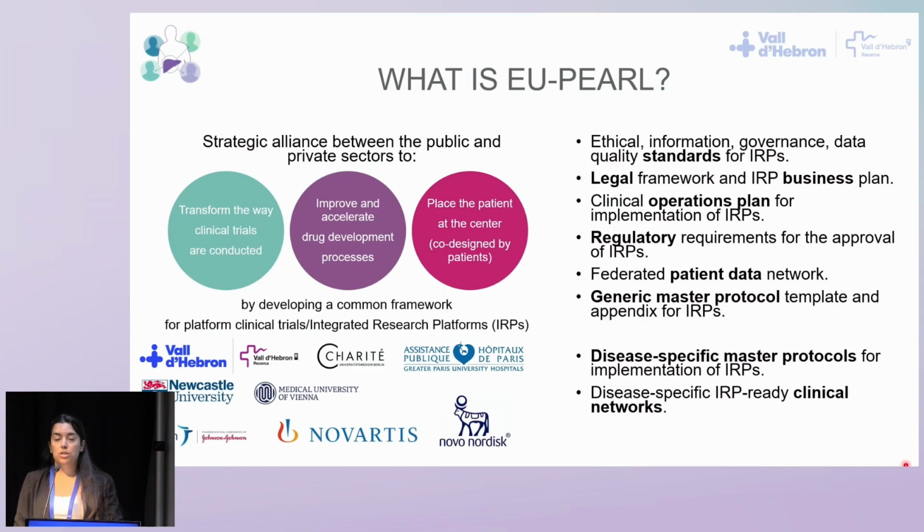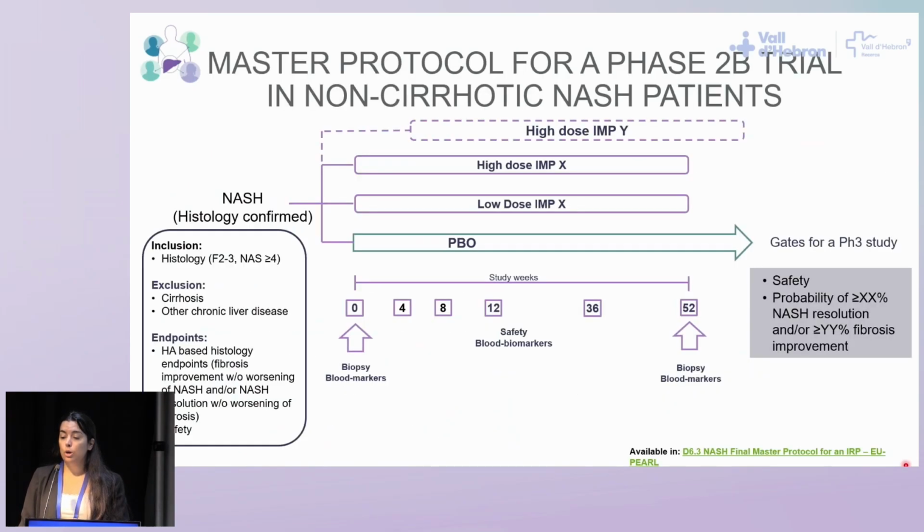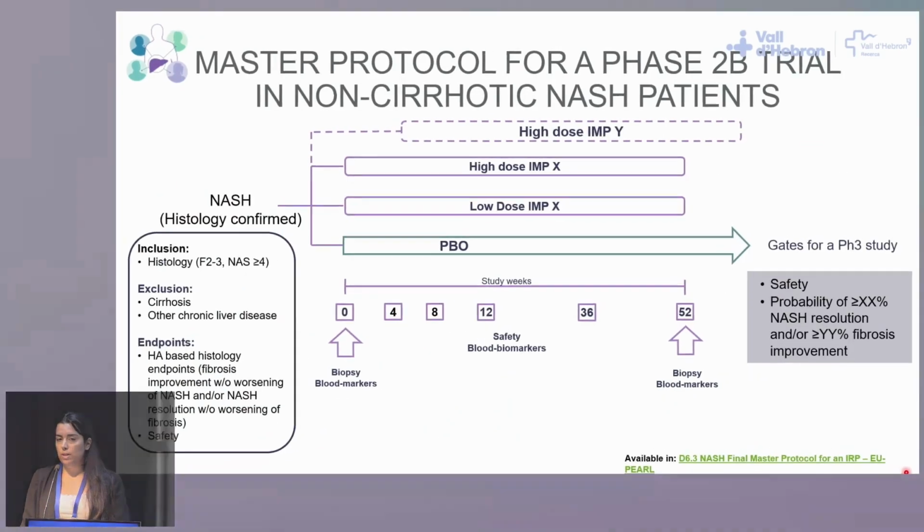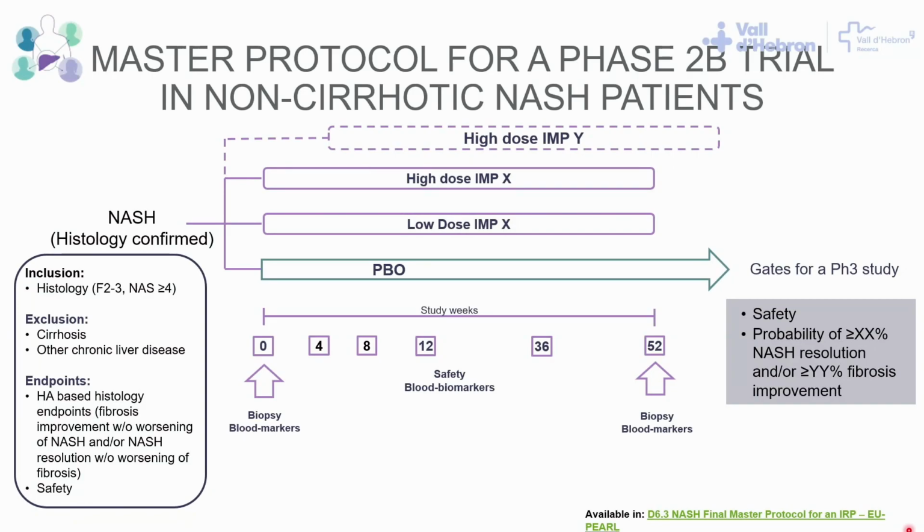In the NASH work package, there were different partners involved, such as the Vall d'Hebron Institute of Research, the Charité Hospital in Germany, the HPHP in Paris, Newcastle University, the Medical University of Vienna, and some industry partners such as Novo Nordisk, Novartis, or Janssen. During our work in UPearl, we developed a master protocol for a phase 2b trial in non-cirrhotic NASH patients.